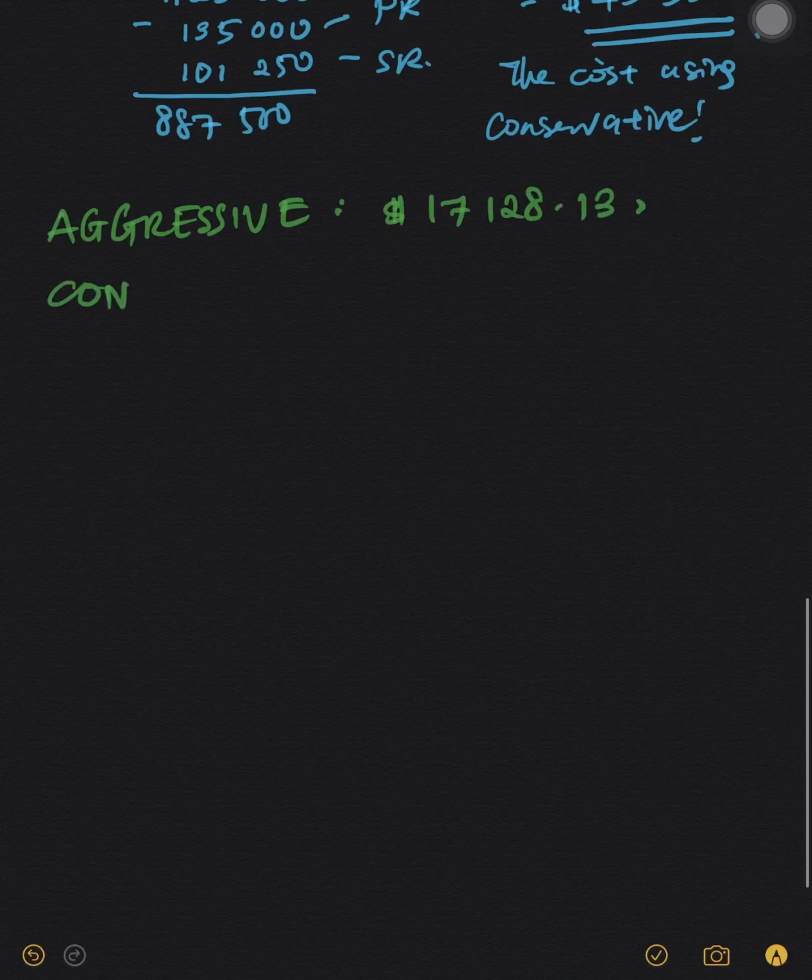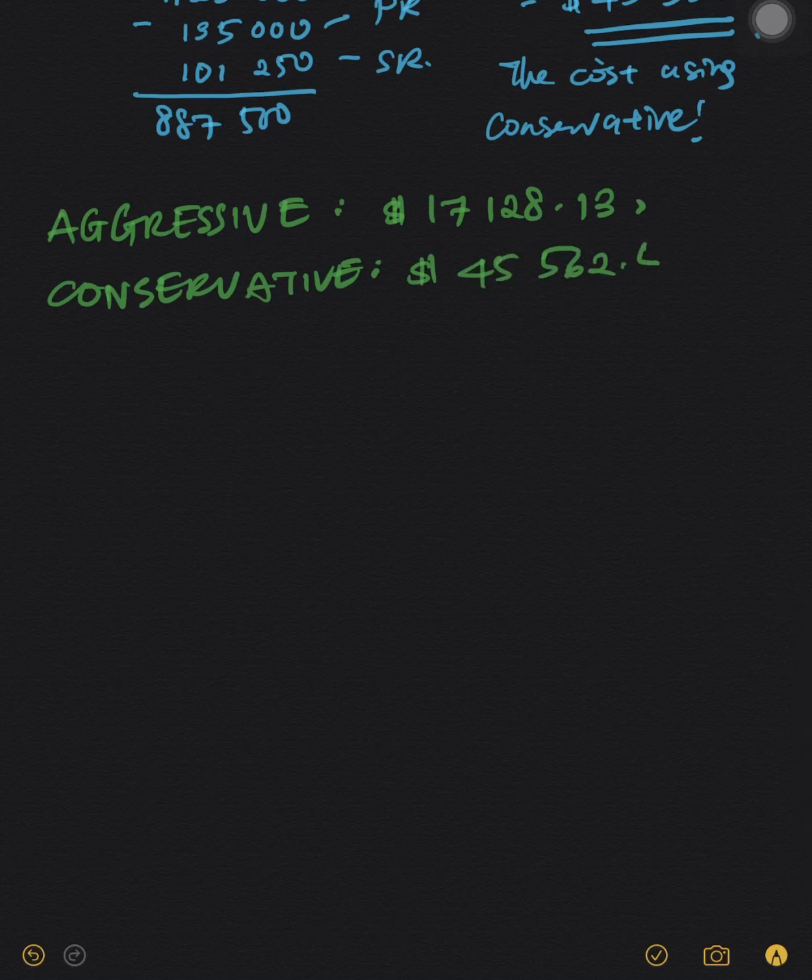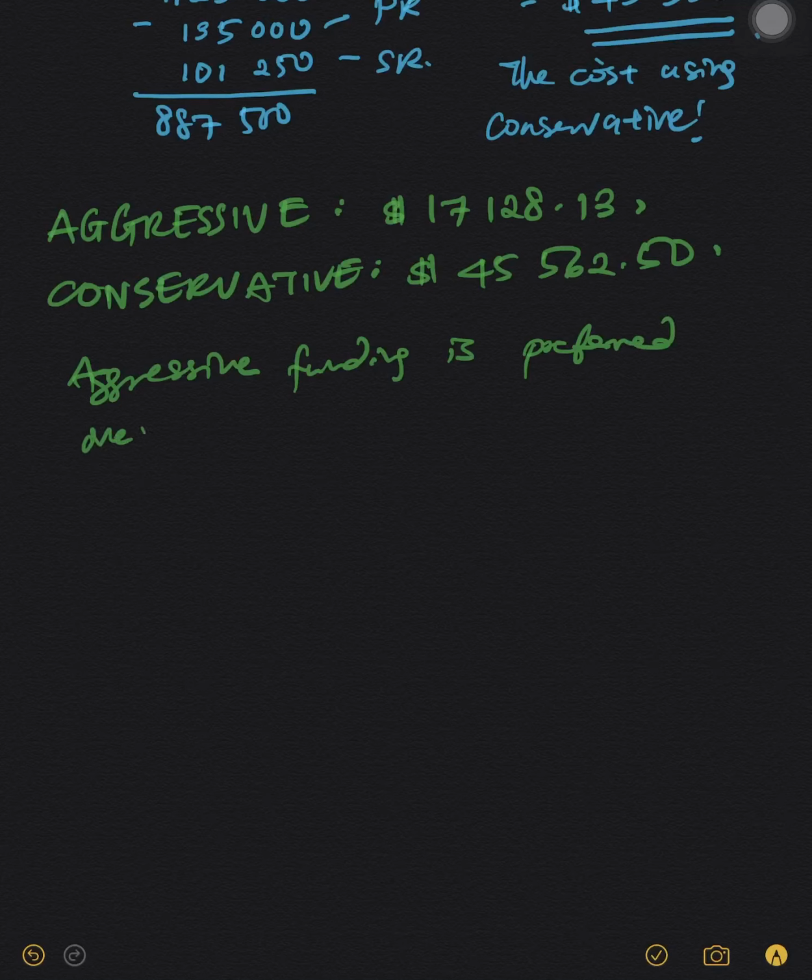If we use conservative, $4,556.50. So of course, aggressive funding is preferred over conservative.